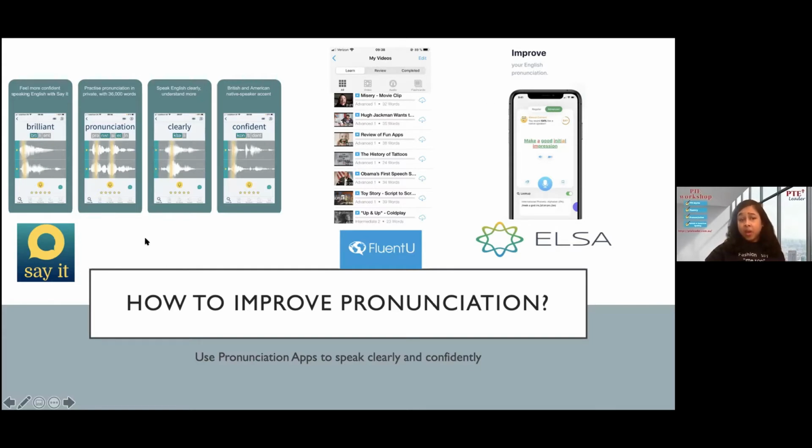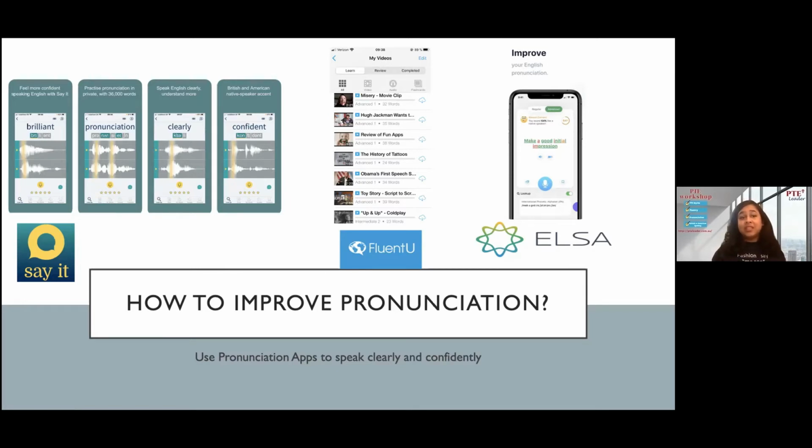Say It is one app, Fluency is another, and ELSA is another, where you can practice your pronunciation, record your answers, and see how well you're doing compared to the ideal pronunciation of the word. You can download these apps on your phone. You can also use them from a website, from your laptop or computer.